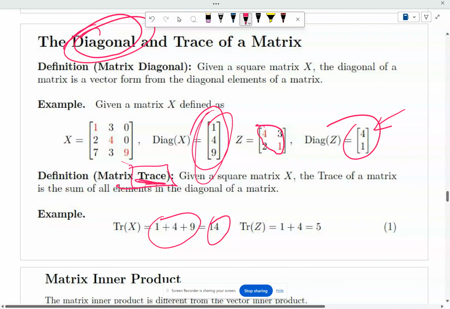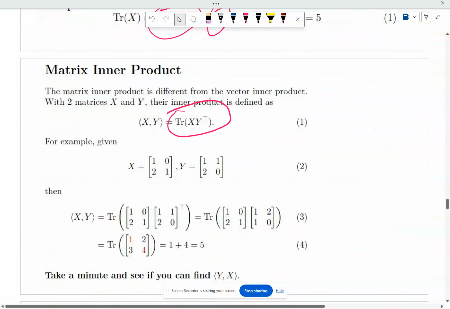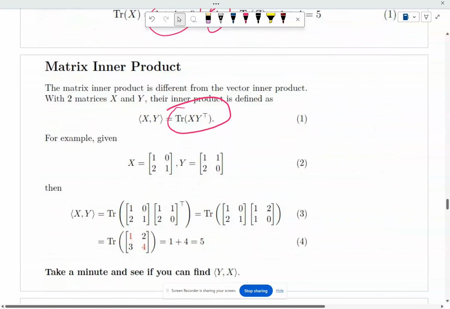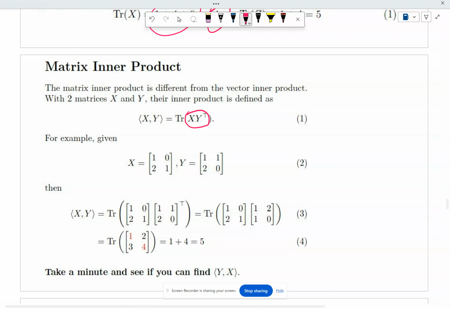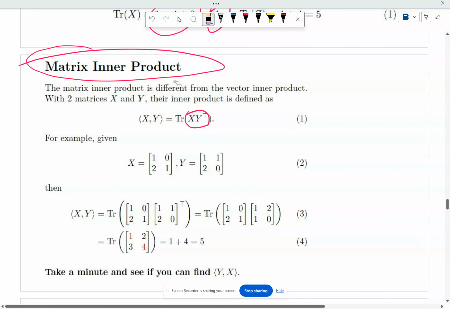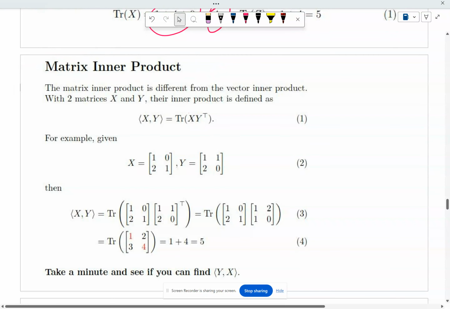You had the diagonal, which gives you the diagonal, and then we had the trace, which sums up. So the inner product is kind of an accumulation of everything we learned. To do an inner product, you need to know how to do transpose. You need to know how to do matrix multiplication. And then you need to know the diagonal of this matrix because trace is the summation of the diagonal. So if you can do the matrix inner product, that in itself is essentially everything we've learned.